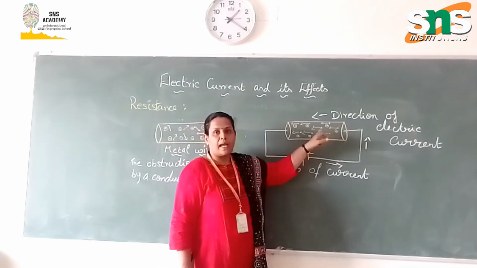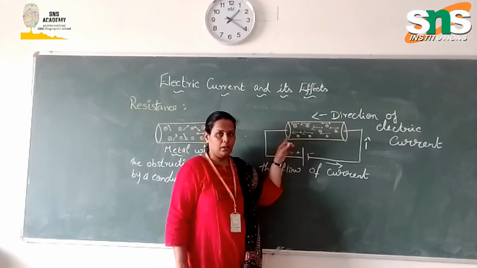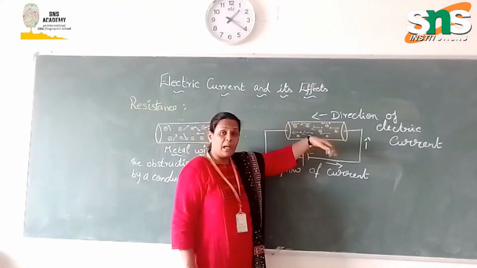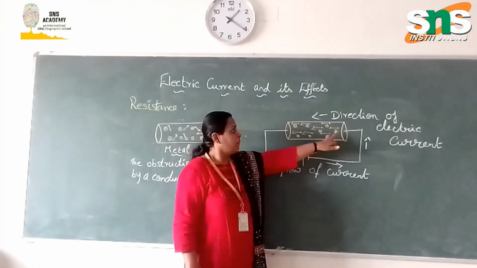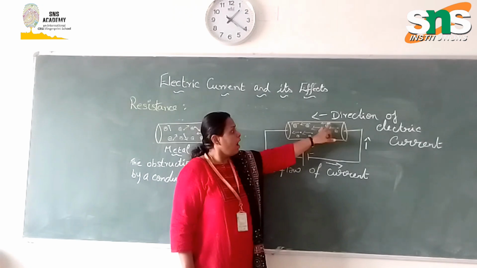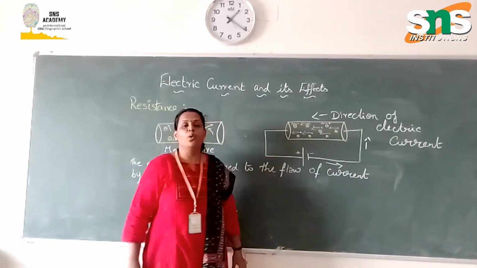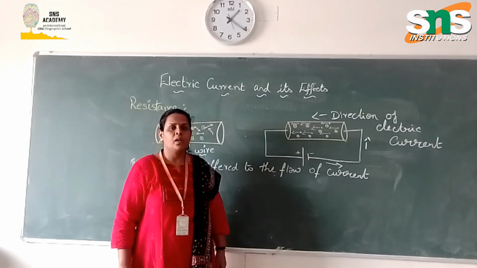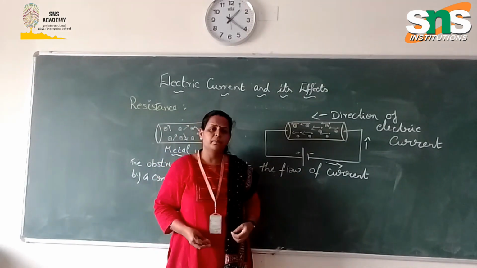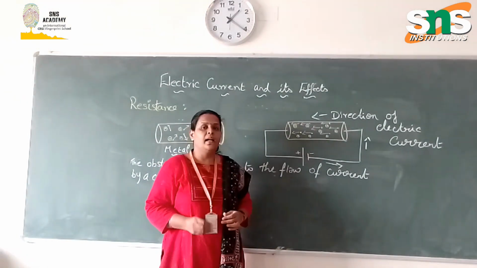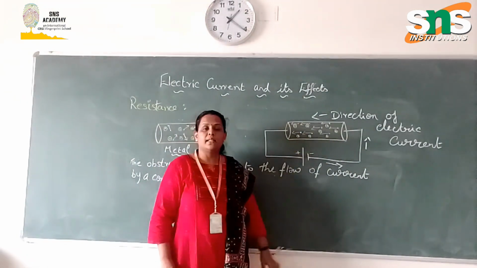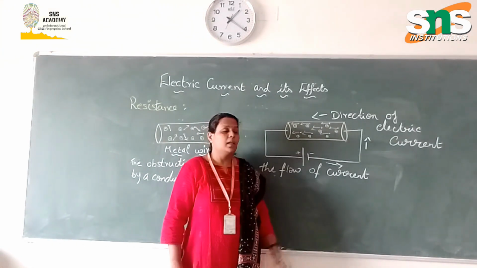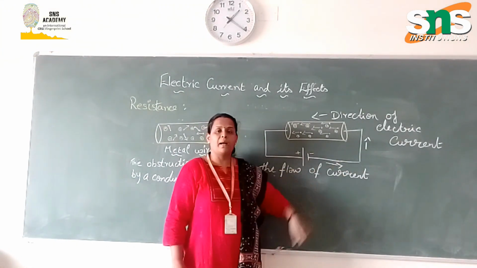During the movement of the electrons in the metallic wire, they may collide with the positive ions or with other electrons that are moving in the wire. So what will happen if they collide with the positive ions or other electrons that are moving from the negative terminal to the positive terminal?